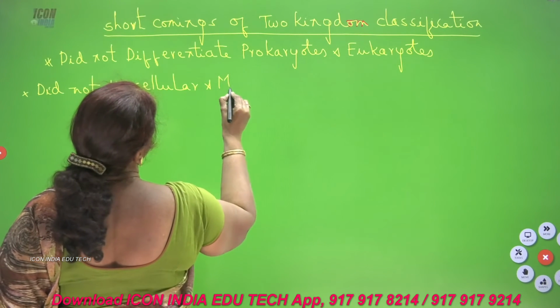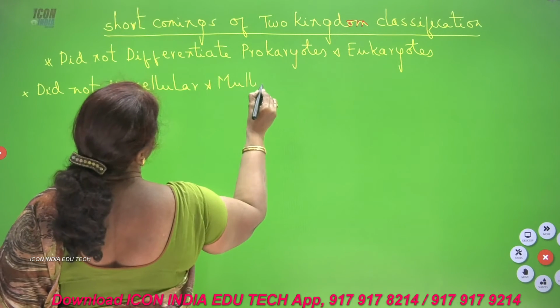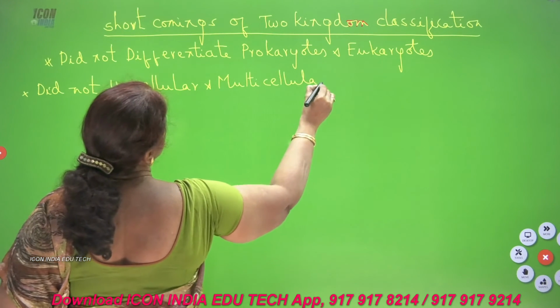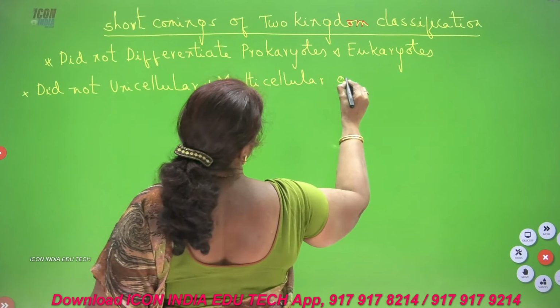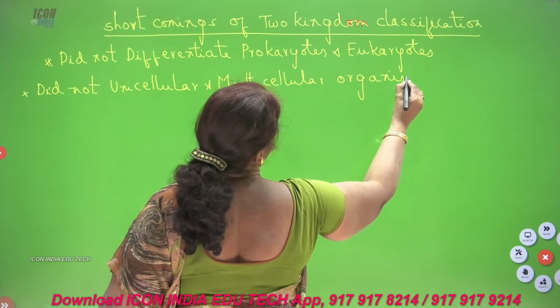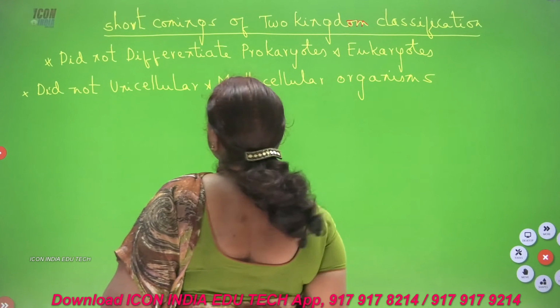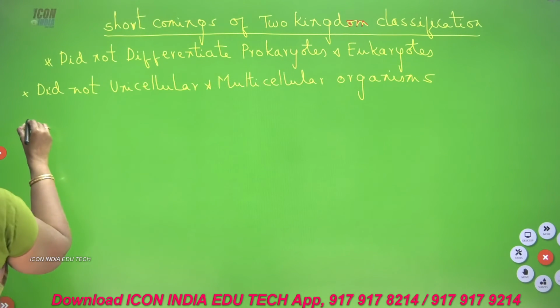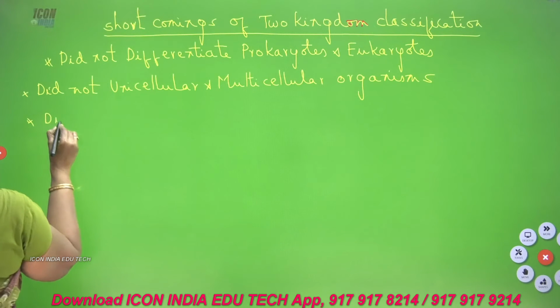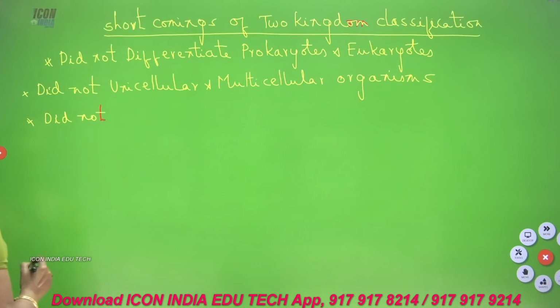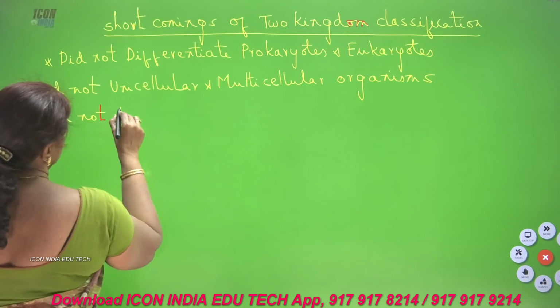They did not differentiate multicellular organisms, and they did not differentiate prokaryotic and eukaryotic.